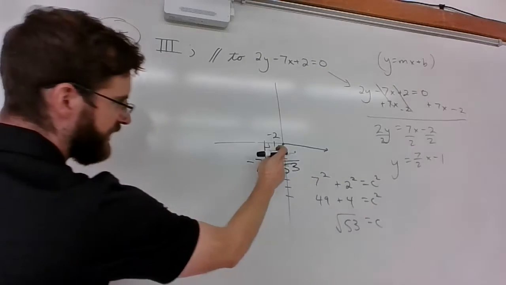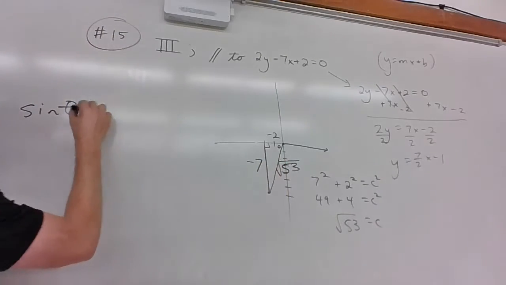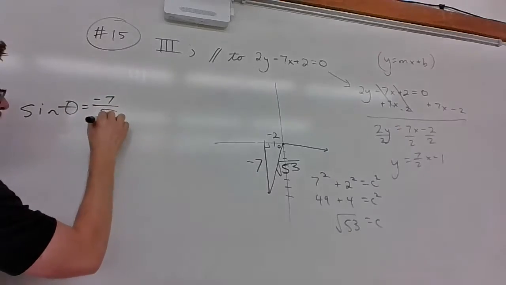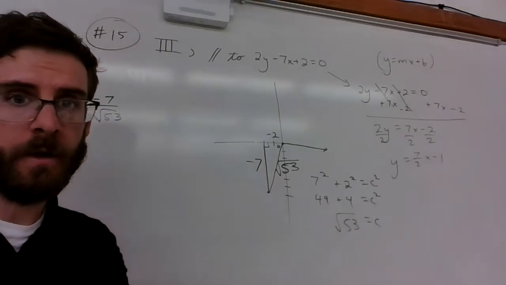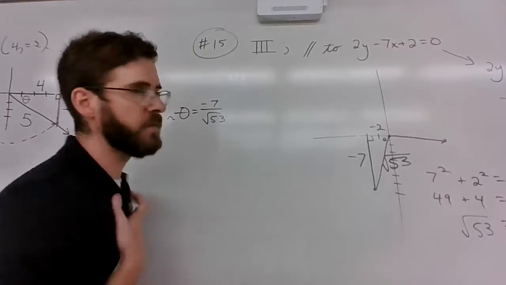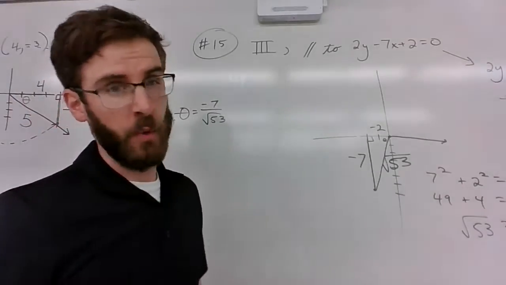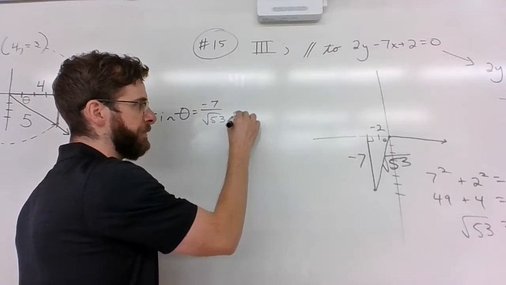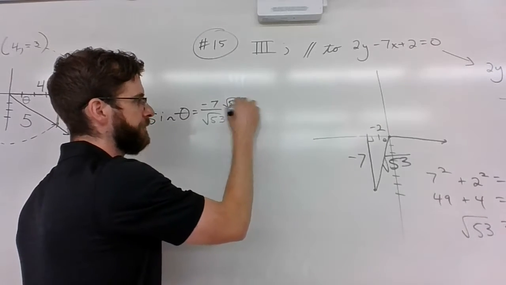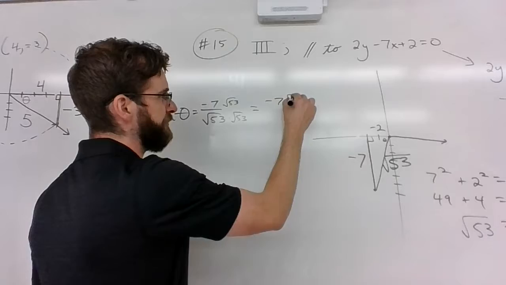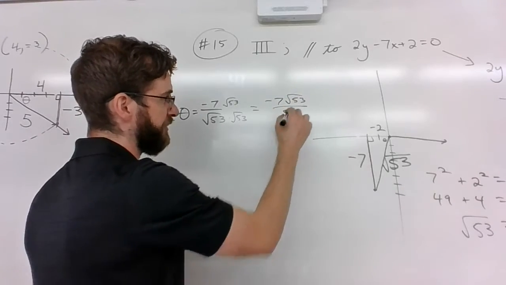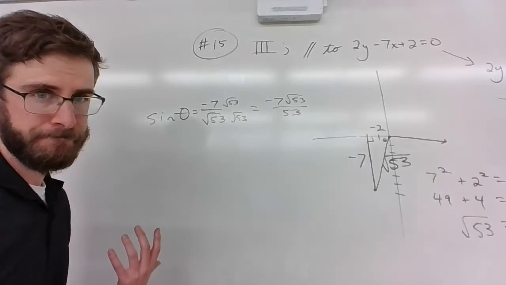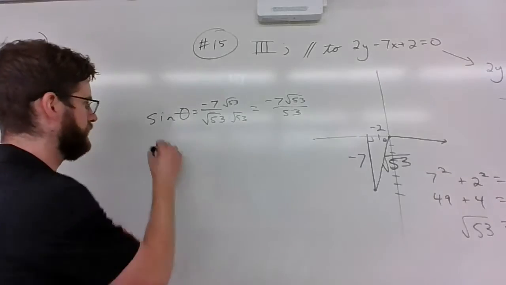All right, sine of theta is opposite negative 7 over root 53. Quick skill check. To rationalize this, you would multiply the top and bottom by root 53. So you get negative 7 root 53 divided by 53 for the final answer of sine. Make sure you still have that skill intact.